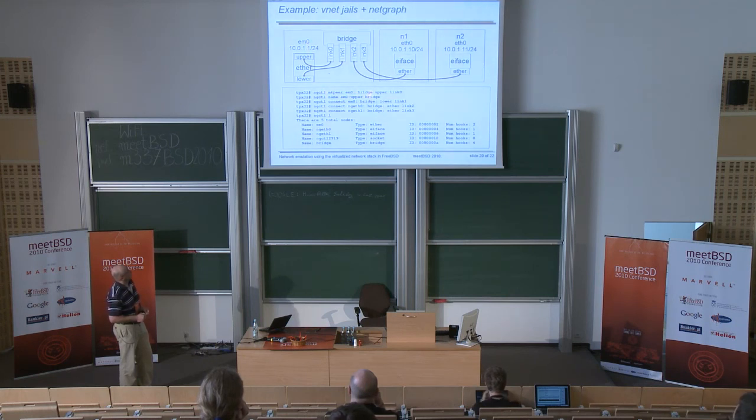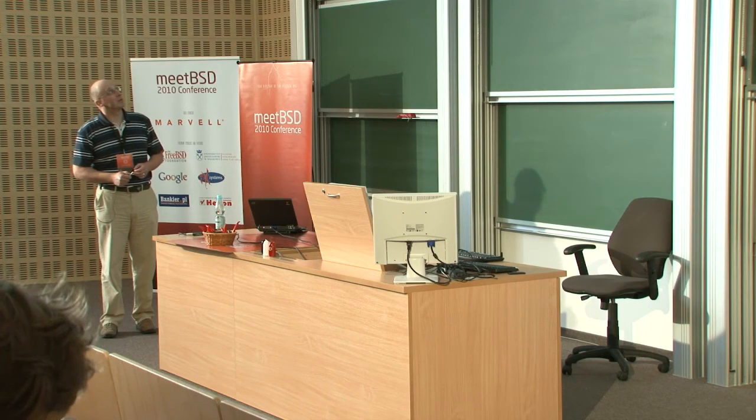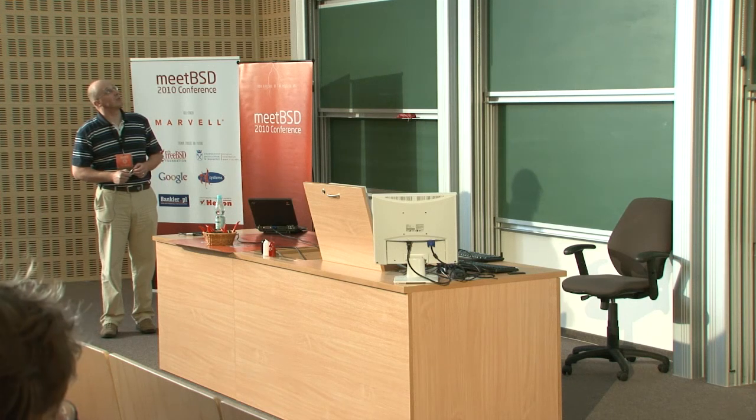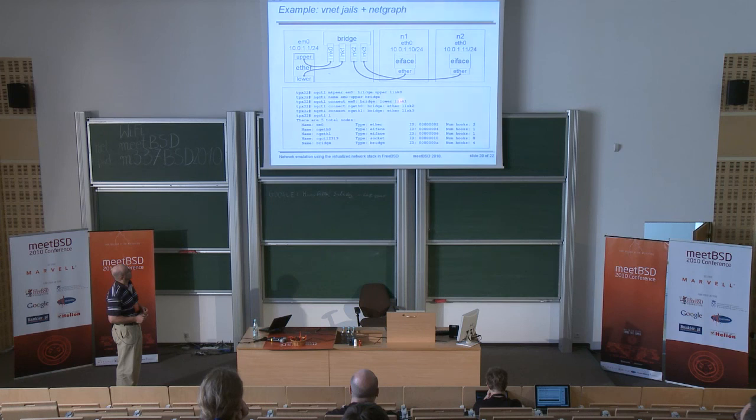The next line just gives this node a name, because by default the bridge node does not automatically assign itself a name. Here we connect the lower hook of em0 to a hook named link1 of the bridge node. So after the third line is executed, we have em0 pushing all its traffic through the bridging node.